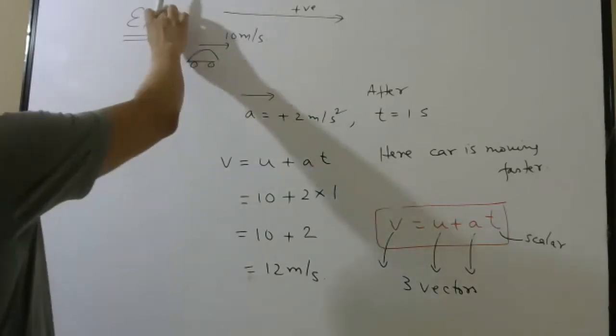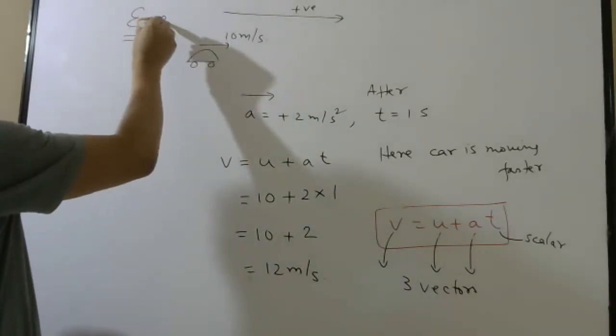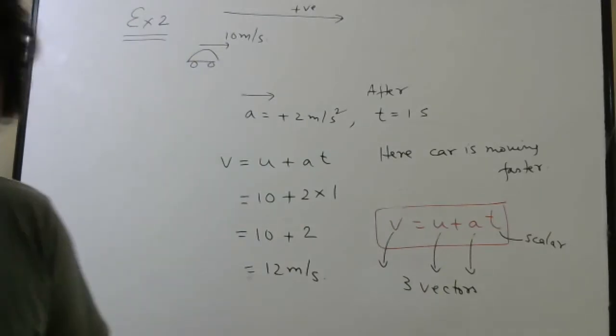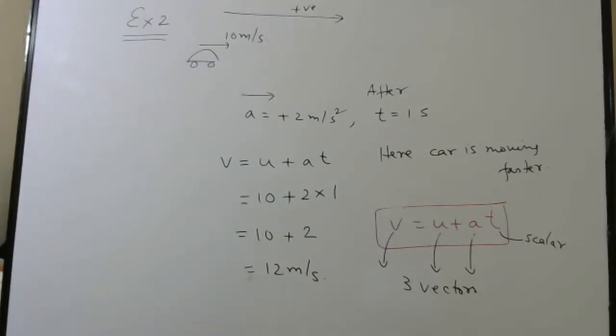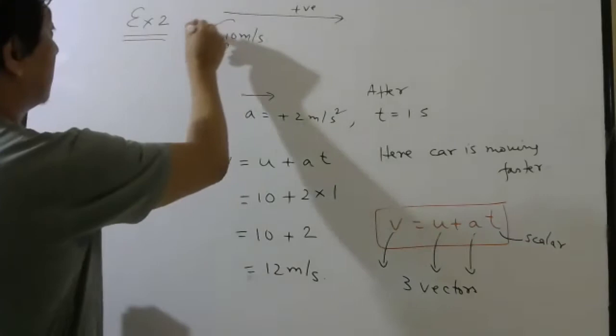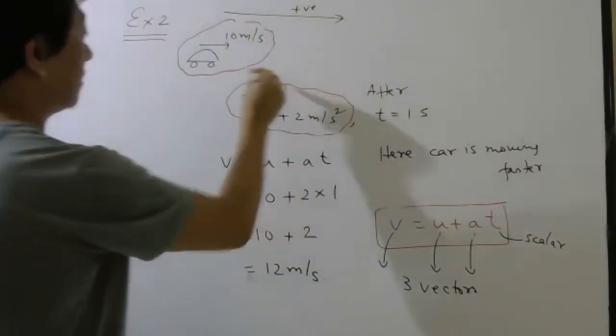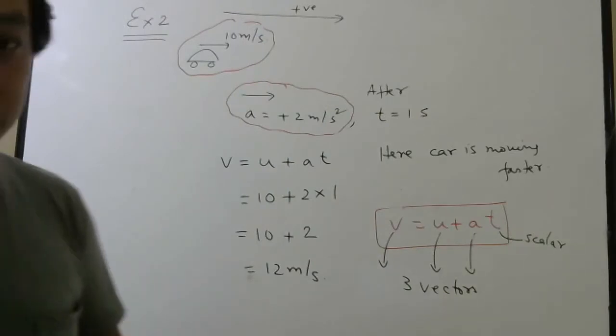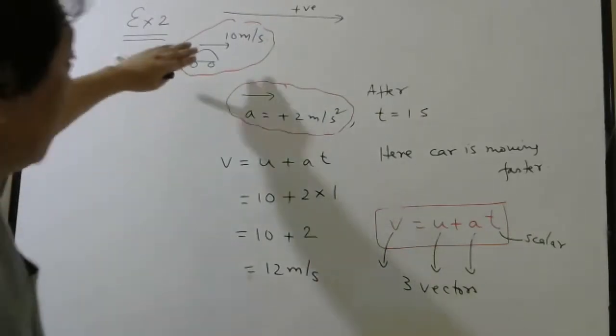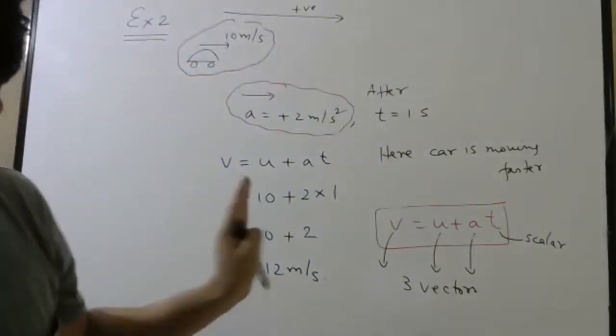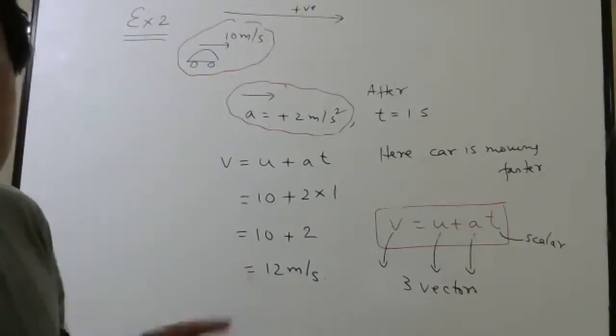Example 2 we will do now. And please notice the direction of velocity and acceleration. Notice the direction, they are very important. That's why I'm doing all this, to make you understand.